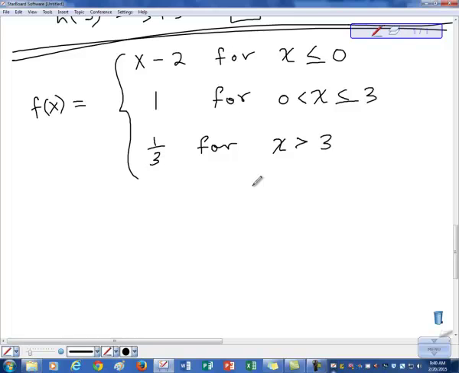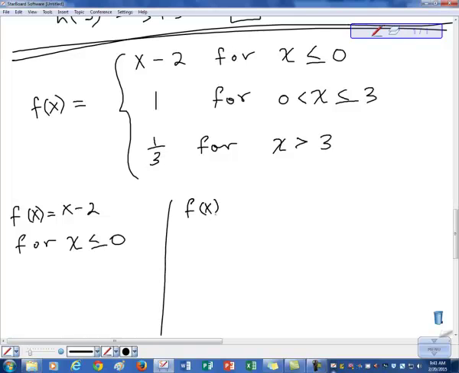Alright. So, for graphing, you want to split it into three functions, such as f of x is equal to x minus 2, for x is less than or equal to 0. Alright, that's the first one.